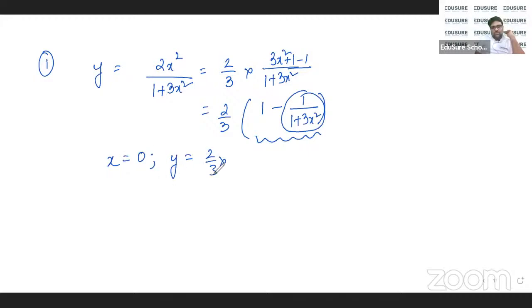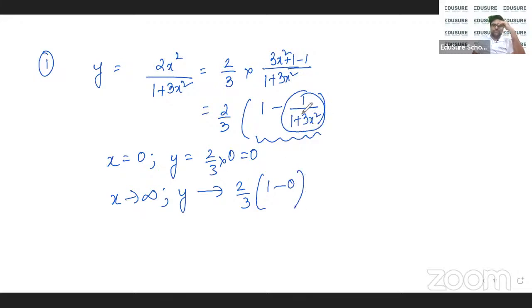Two by 3 into 0, which is 0. Okay. As x is going to infinity, y will be going to 2 by 3 into 1 minus 0. As x is going to infinity, 1 plus 3x square is going to infinity. 1 by infinity is 0.